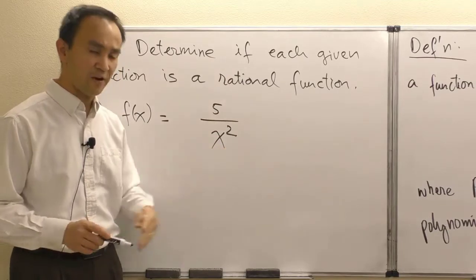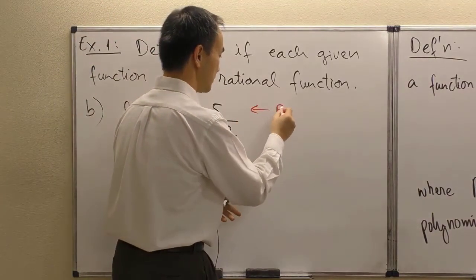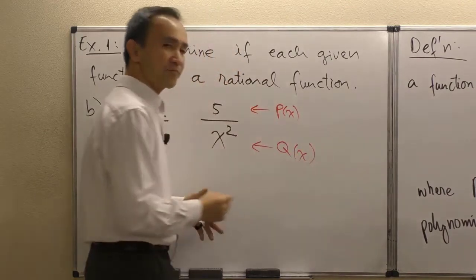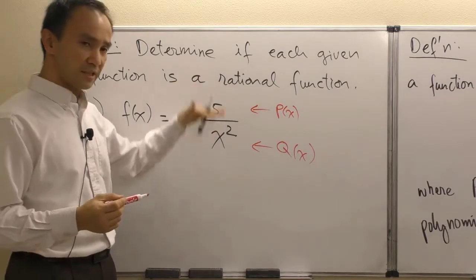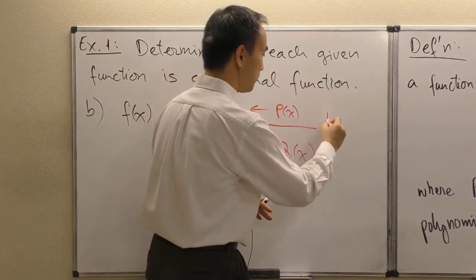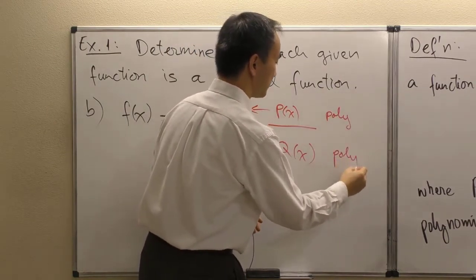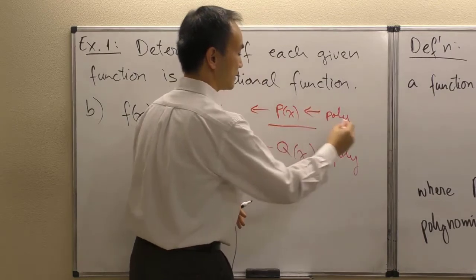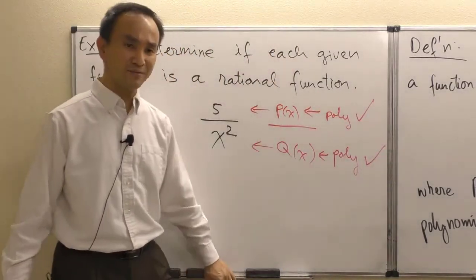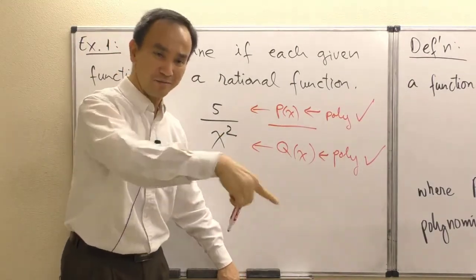So now clearly we can label this as p of x, and this is q of x in the denominator. And then clearly it's already a fraction, p of x over q of x. Now is this a polynomial? That's the next step. And is this a polynomial? So I put a check here, I put a check there. That's another style of completing your checklist for being a rational function.